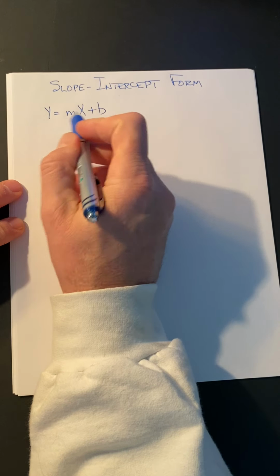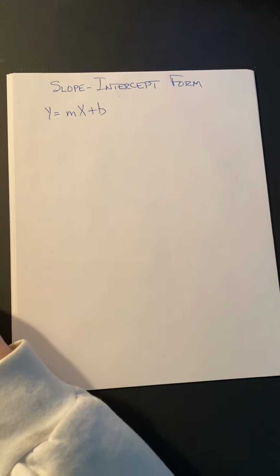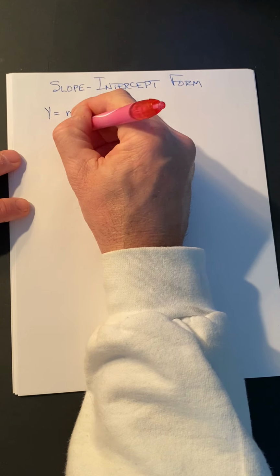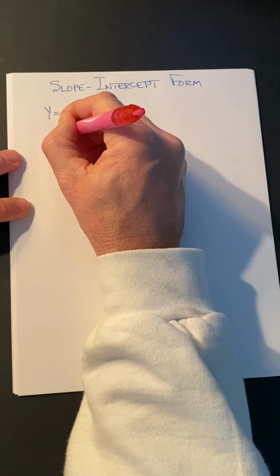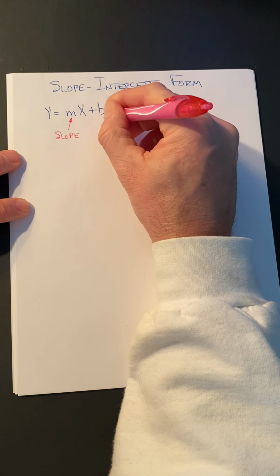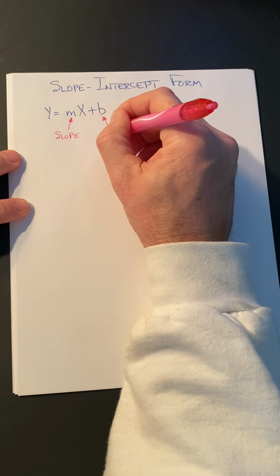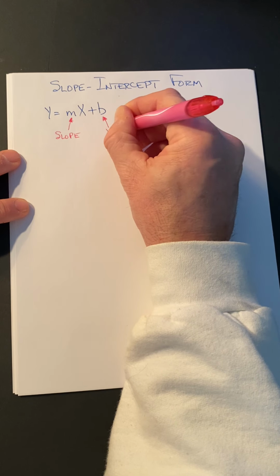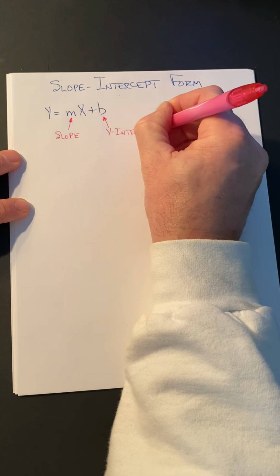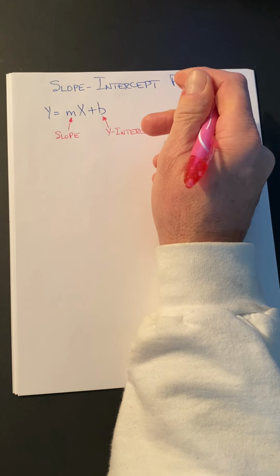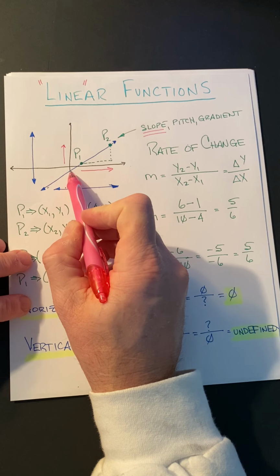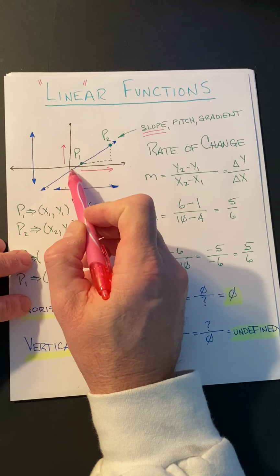So y and x are the variables in your equation, and we know that m is the slope, and this b here is what is known as the y-intercept, okay? And what is the y-intercept? It's where the line crosses the y-axis.